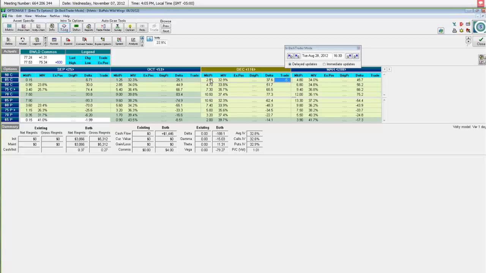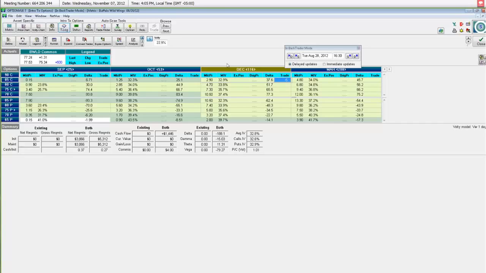Now, the short answer is that if the market stays below $85 prior to the expiration of the options, you're going to gain all of this $2.90. Well, what's $2.90 times 500? It's $1,450.